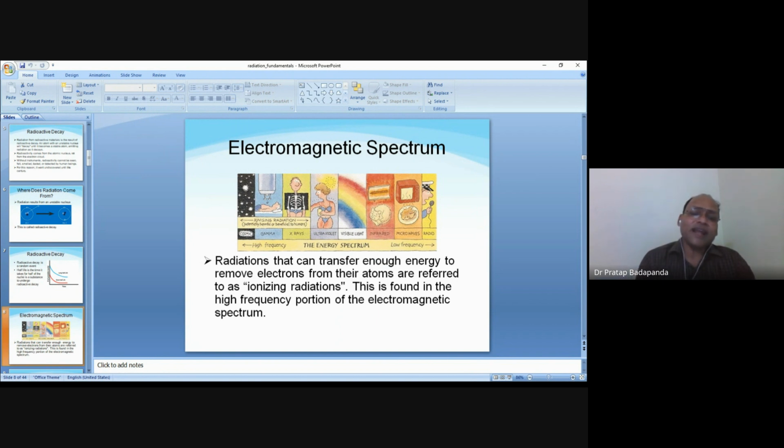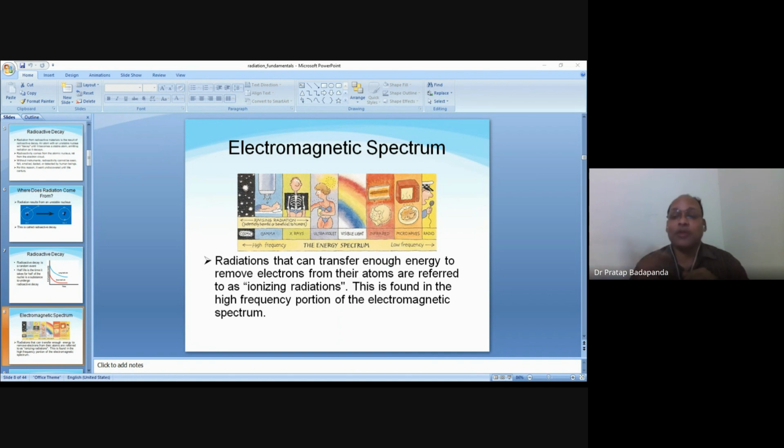Here the electron is also transferred from the atom to participate in chemical reactions. So some energy will be exothermic and endothermic, if you understand that thing. When the electron goes away from the atom, it will convert into an ion. That is your ionizing radiation.